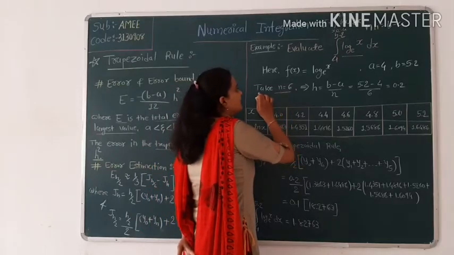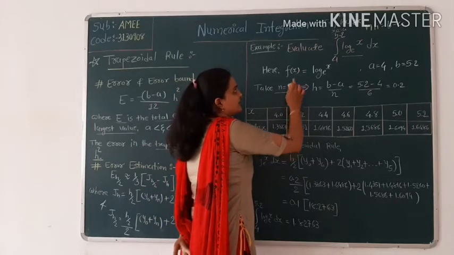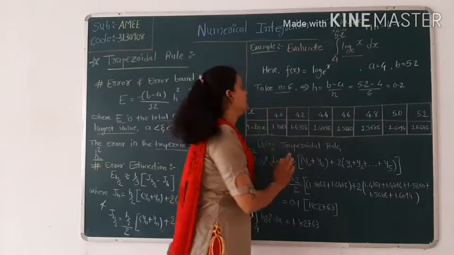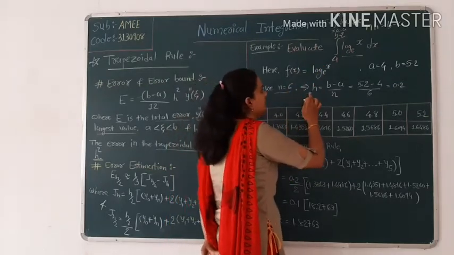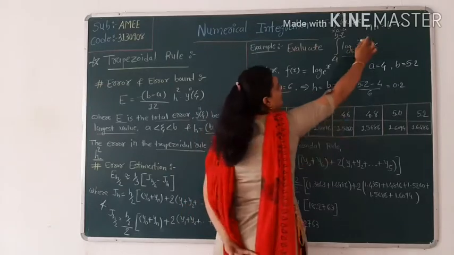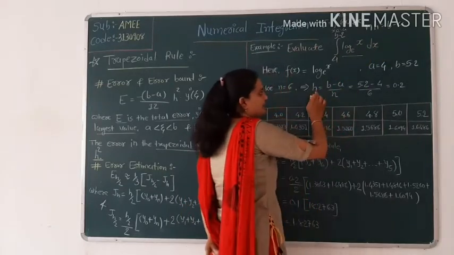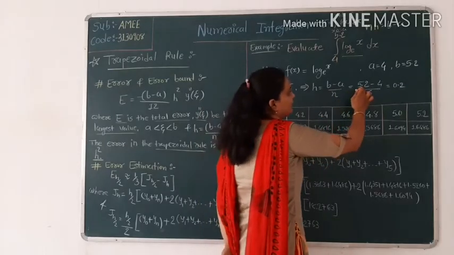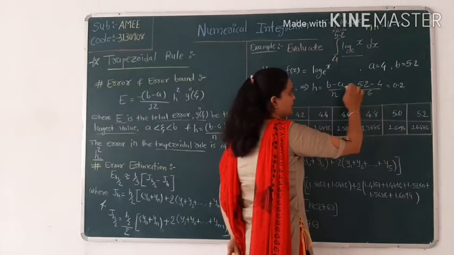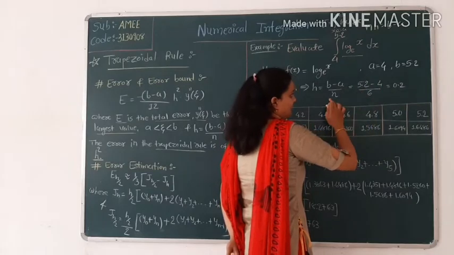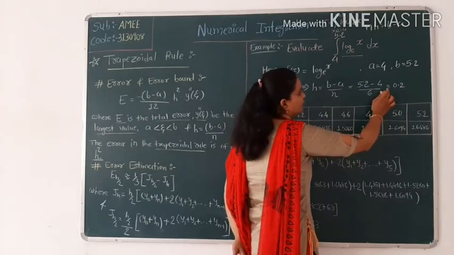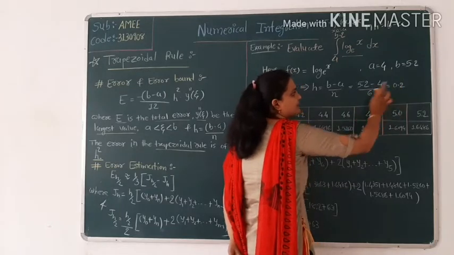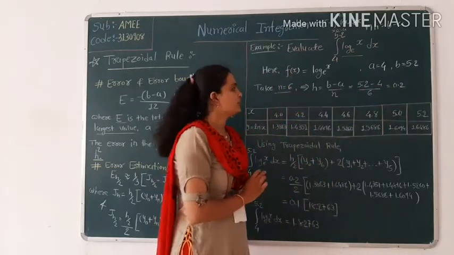So here we take n equals 6 because n and h are not given. Therefore nh equals b minus a, so h equals (b minus a) by n. The value of b is 5.2 minus the value of a, 4, by the value of n, 6, which gives, using the calculator, 0.2.